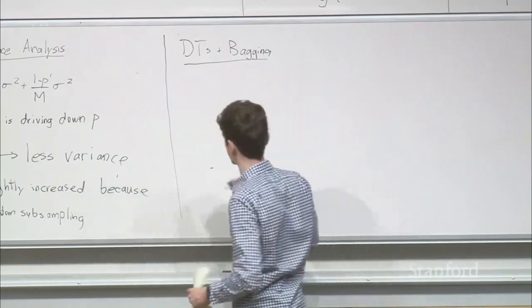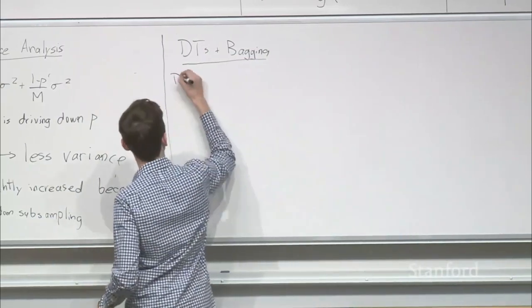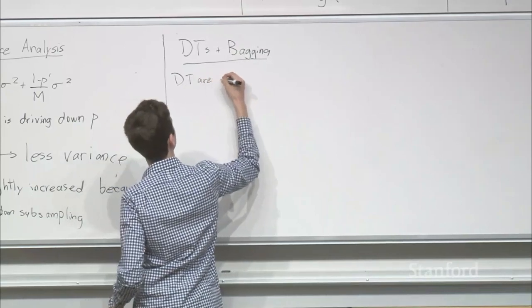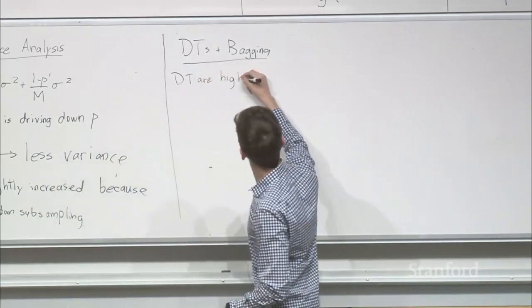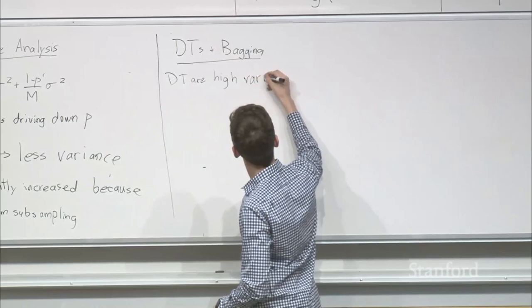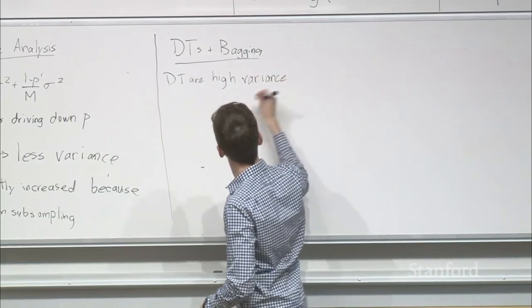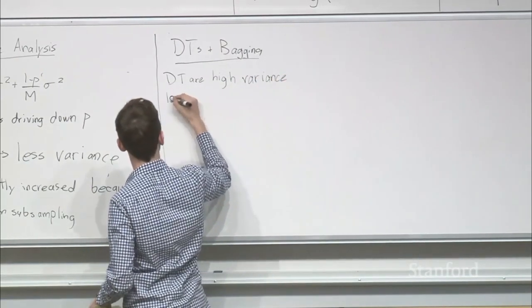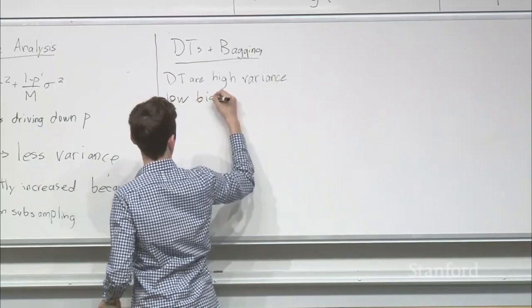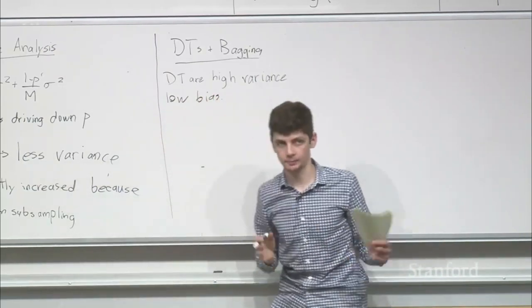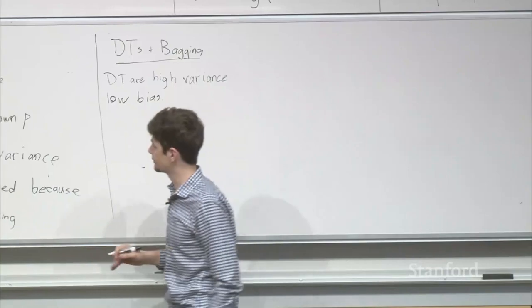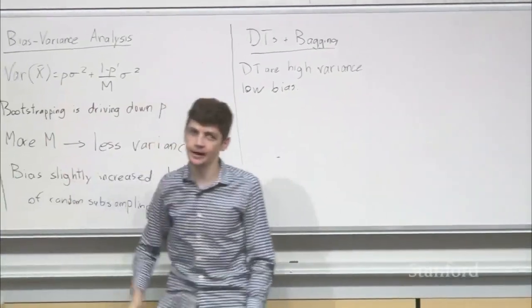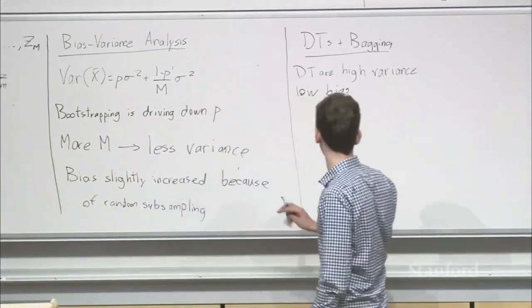Okay, so you recall that decision trees are high variance, low bias. And this right here explains why they're a pretty good fit for bagging. Because with bagging, you're decreasing the variance of your models for a slight increase in bias.